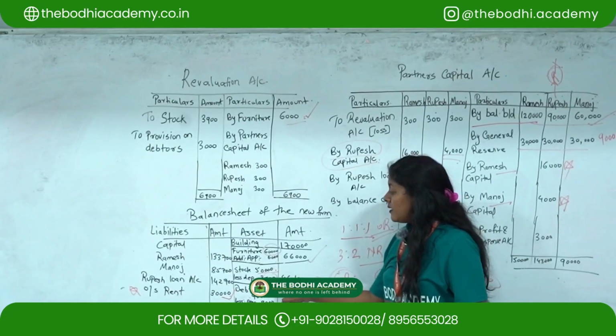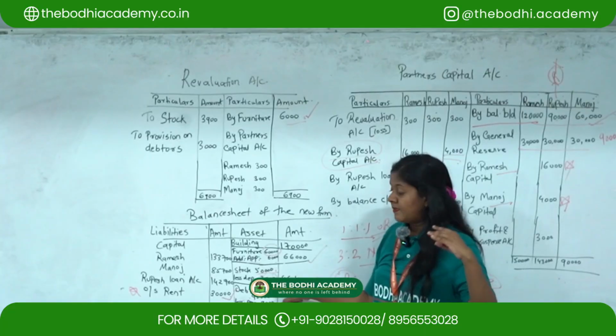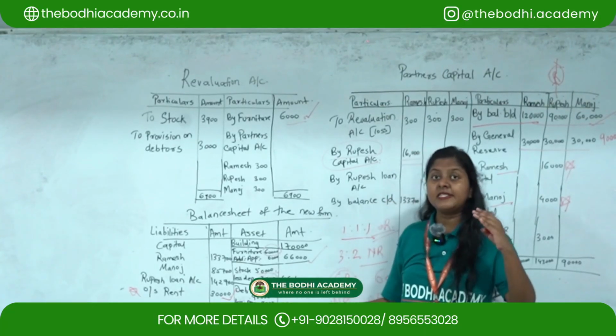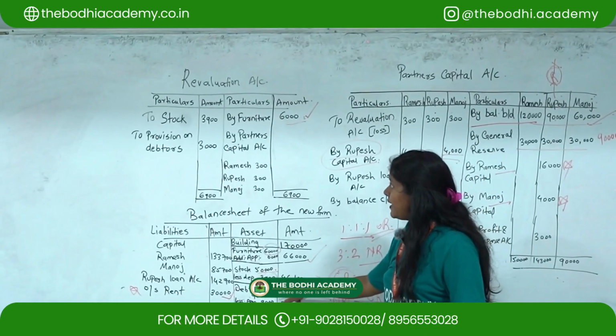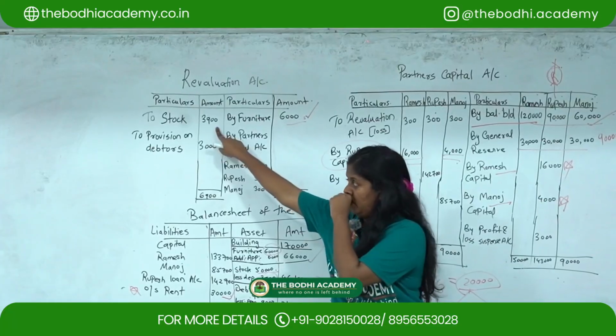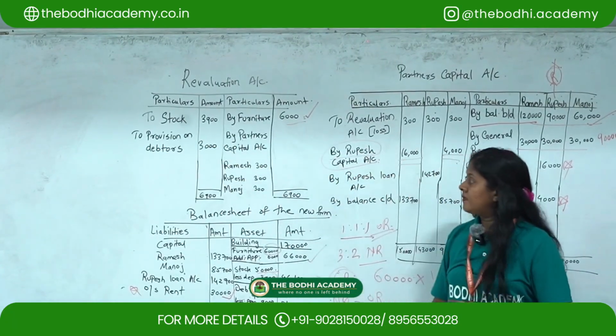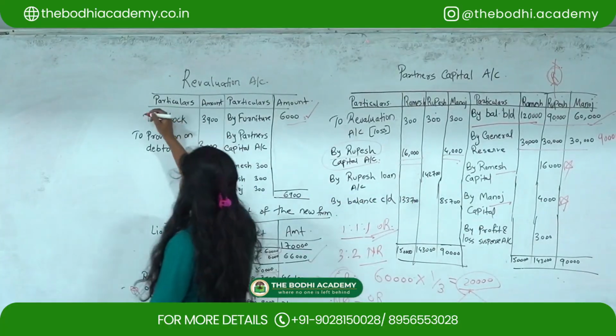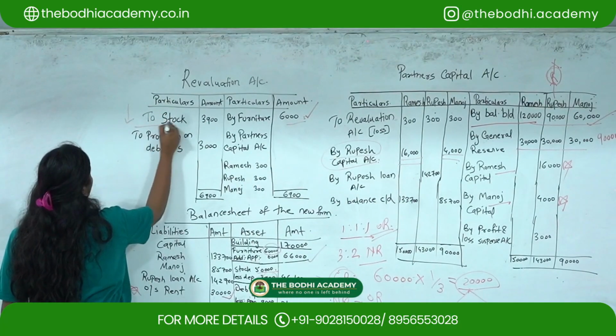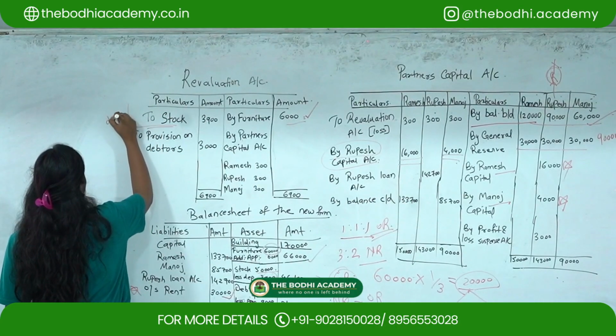It means the value of the stock has decreased. So 3,900 I am going to show over here on the debit side.